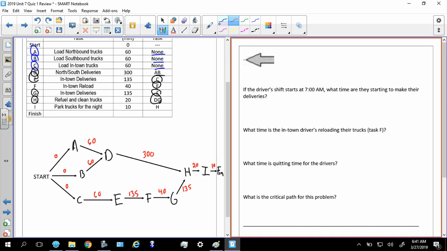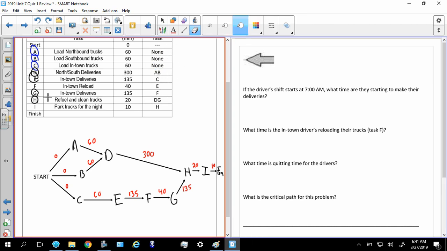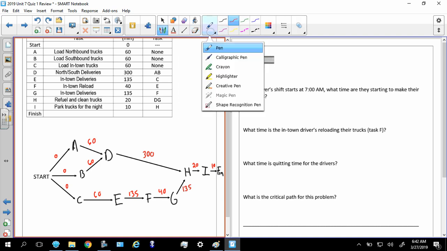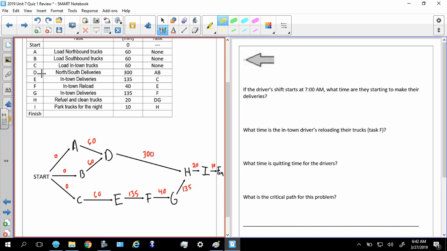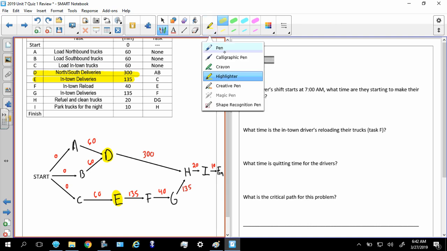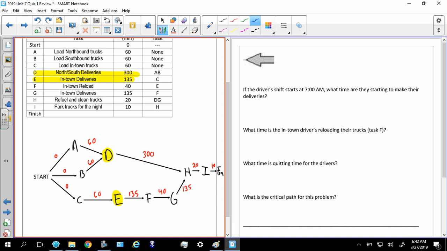All right, so making their deliveries, I'm going to clean this chart up a little bit because there's too much writing on it. Make their deliveries, let me highlight here, that is task D and task E. All right, so task D, task E. Let's do some EST, early start time.